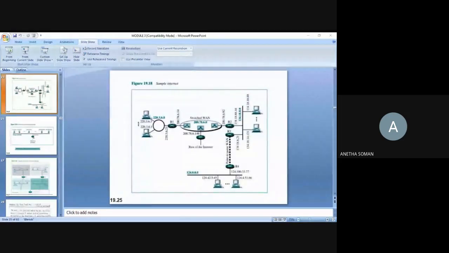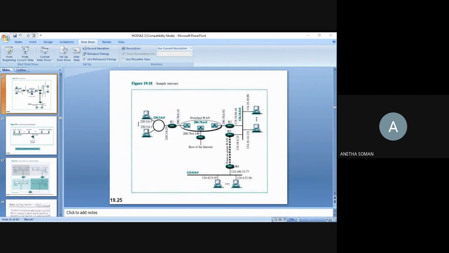Now when you are considering the subnetting process, you will have 3 levels of hierarchy. If it was not subnetted, you will have only 2 levels: network ID and host ID. But once you do subnetting, you will have 3 levels of hierarchy. You have to reach the network first, then the subnetwork, and then the host.